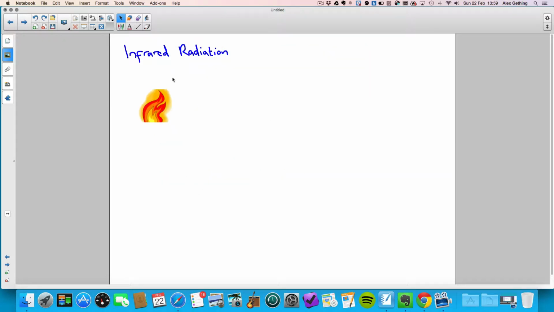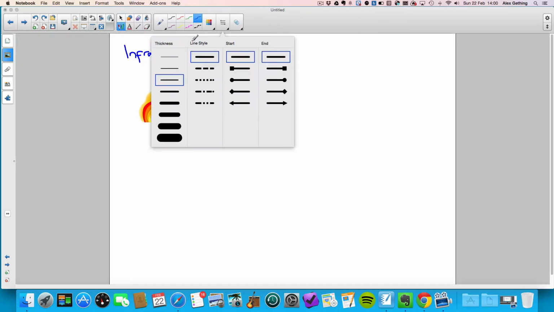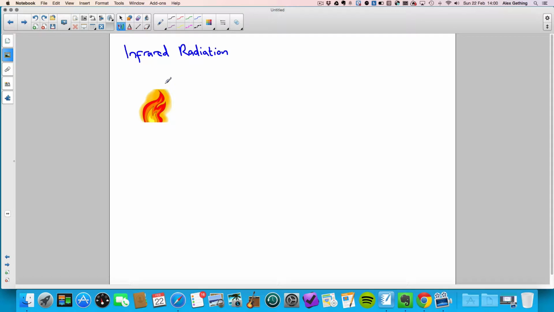Straight into this, when you feel the heat from a fire, what you're actually feeling coming off there is the infrared radiation, sometimes abbreviated to IR.